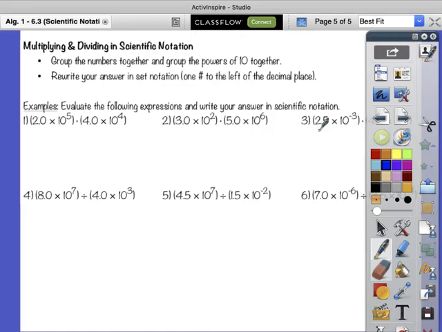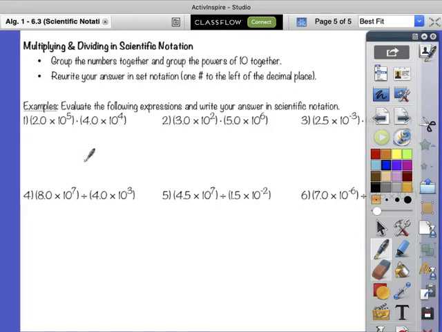So if we have 2.0 times 10 to the 5th and 4.0 times 10 to the 4th, everything's being multiplied together, because we have a multiplication symbol right here in the middle. So we can rearrange the order we multiply. The order we multiply things does not matter.